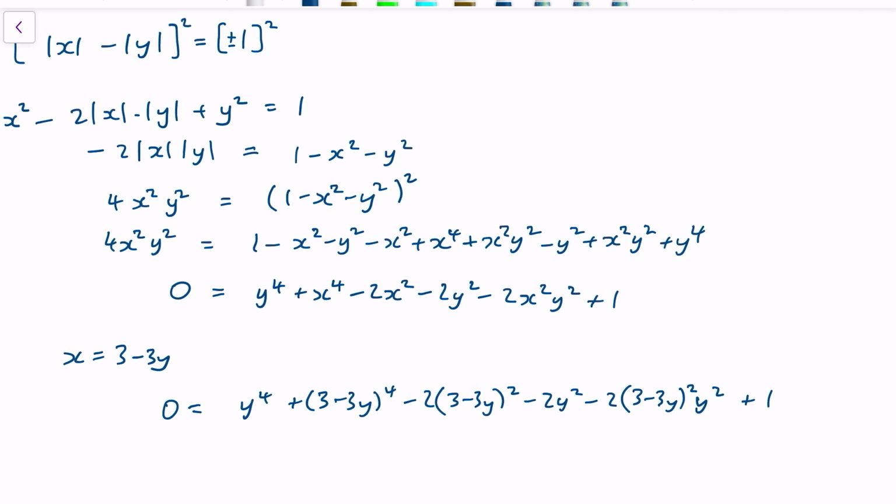And if I simplify this out, it's an absolute monstrosity. But if I solve that as a polynomial, I get y is equal to 1/2, or y is equal to 1, which is repeated, or y is equal to 2. Okay, and those three y values all have a corresponding x value. Actually we don't need to find the x value because the question just said how many ordered pairs there were.